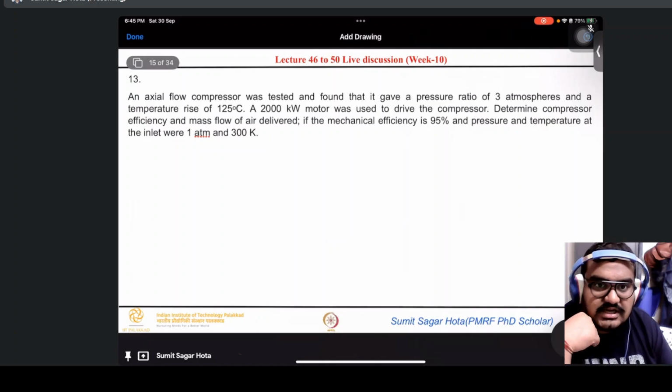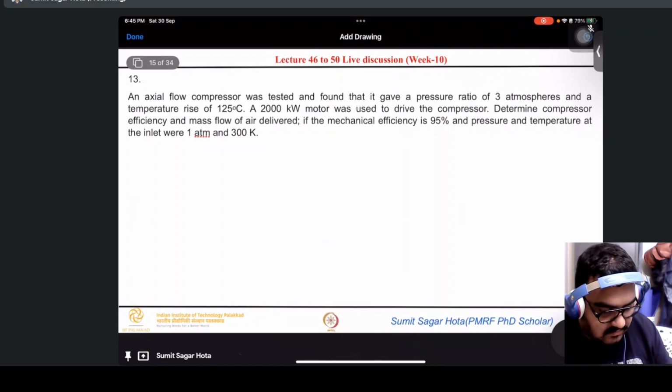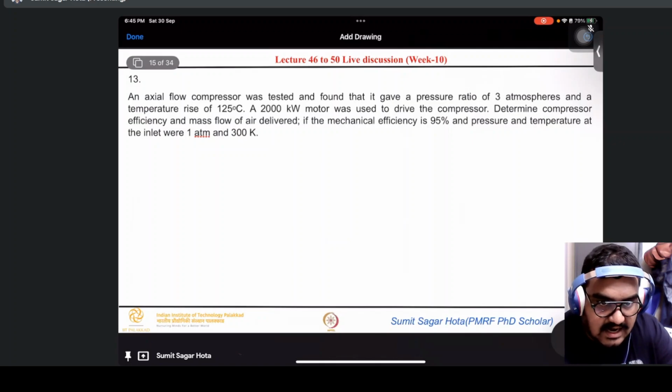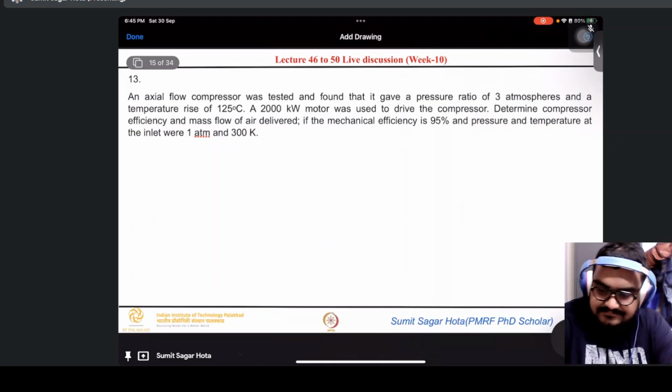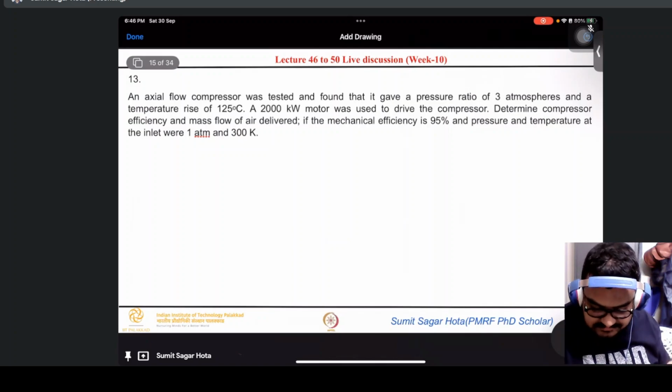A 2000 kilowatt motor was used to drive the compressor. Determine the compressor efficiency and mass flow of air delivered if the mechanical efficiency is 95% and the pressure and temperature at the inlet were 1 atmosphere and 300 Kelvin. This is your question.